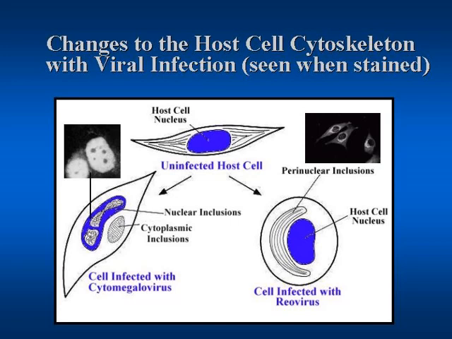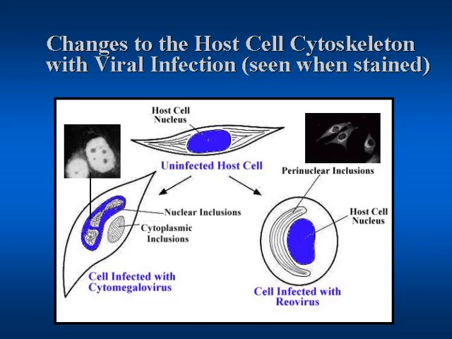This slide shows the inclusion bodies. In the upper picture, there is a nicely spindled uninfected host cell with a clear nucleus in the center. In the lower right picture, we have a cell infected with reovirus showing perinuclear inclusions.